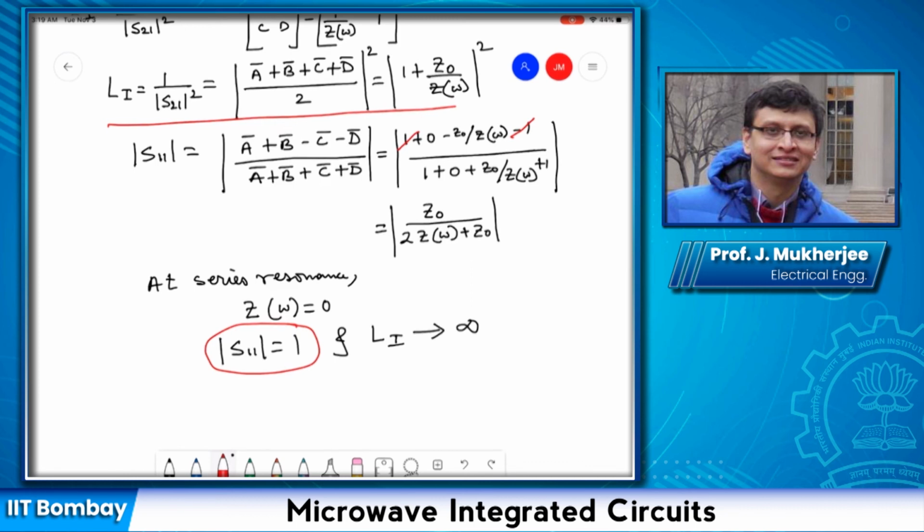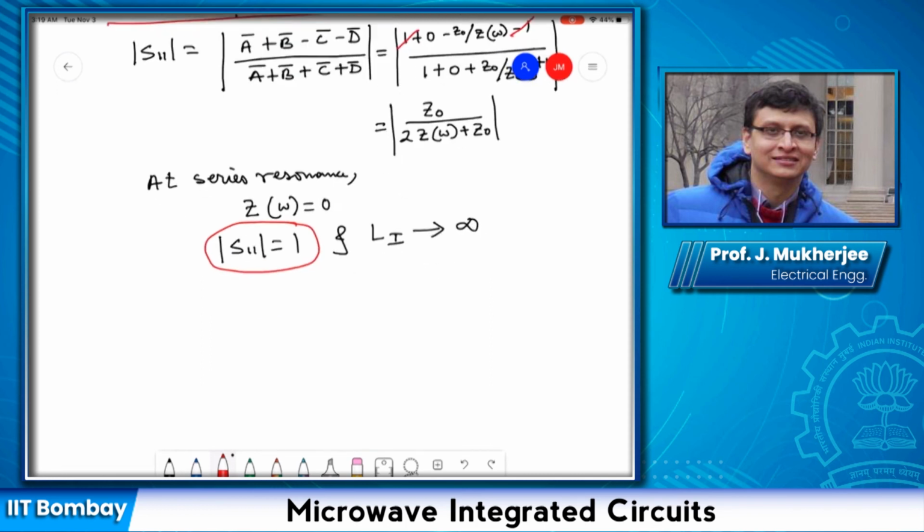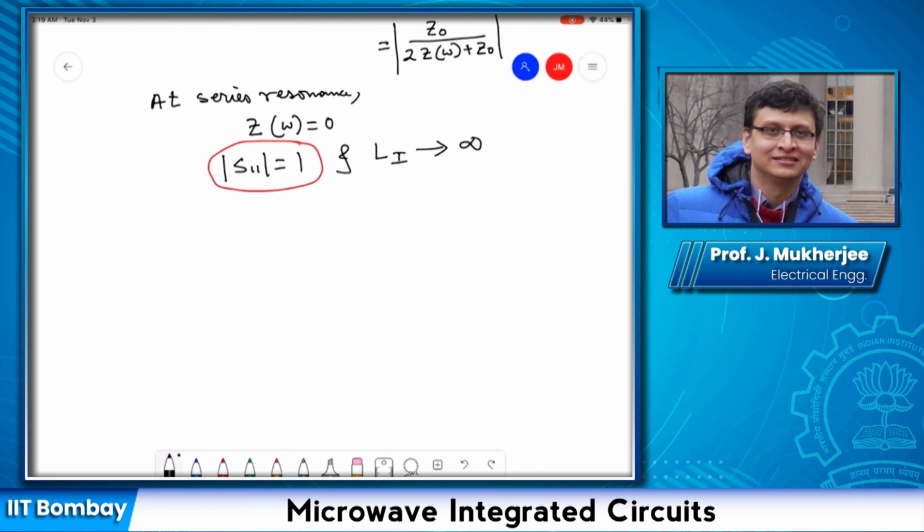Now, we can try to find out the Q factor of this filter. There is a slight difference between finding out the Q factor of a resonator and the Q factor of a filter. Let me show by an example. Our gap coupled band stop filter, the circuit is like this.